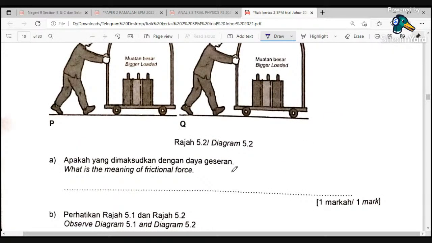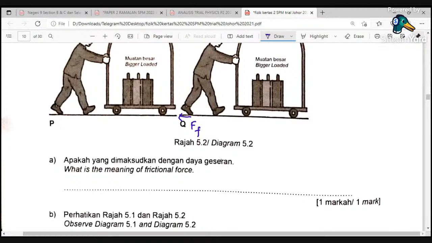What is the meaning of friction? Okay, friction, when you walk, you move forward, there is a force that helps you to walk. We call it friction. If you are walking to the right, friction is left.